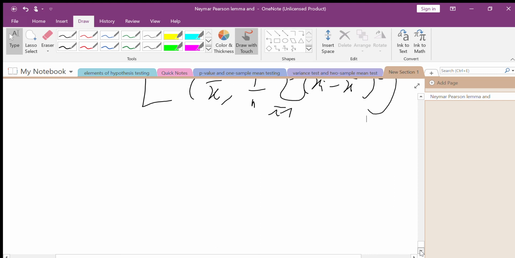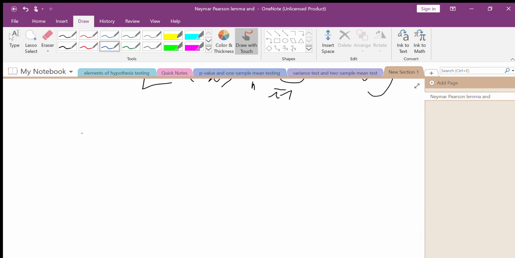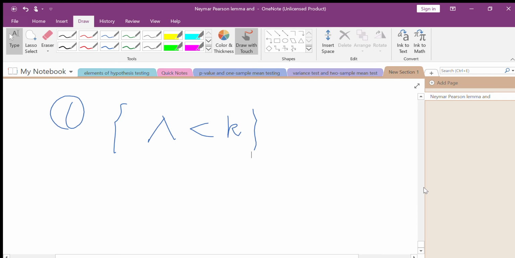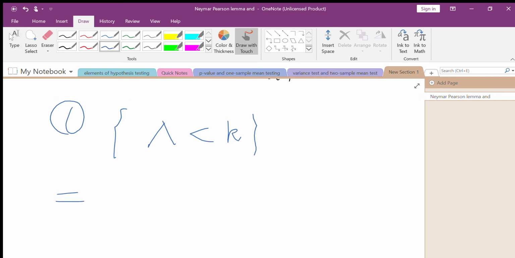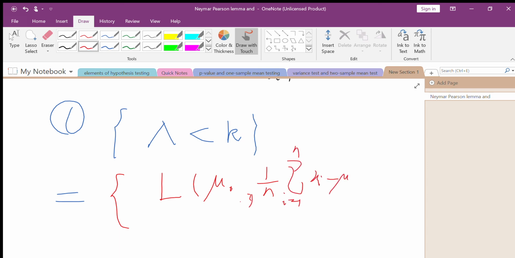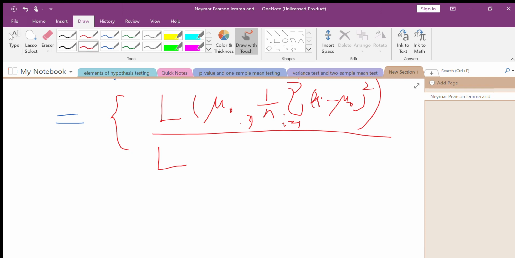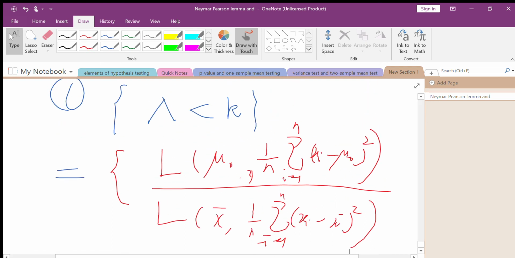Our first step is Lambda less than k, and we keep in mind that k is just a notation to record some arbitrary constant. So we just get this ratio less than k.